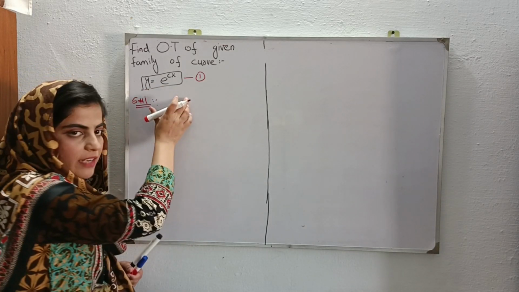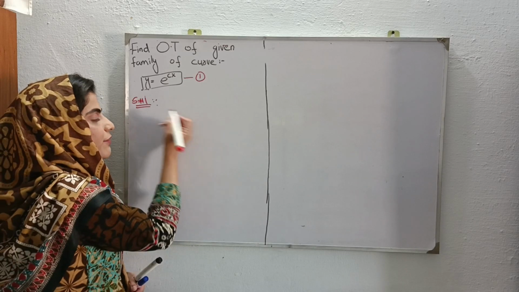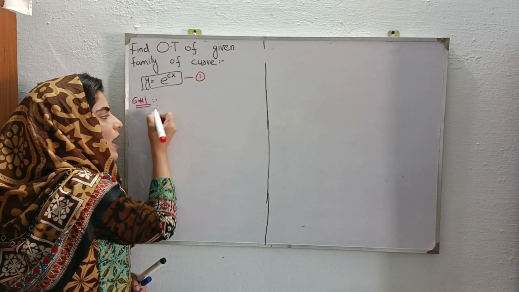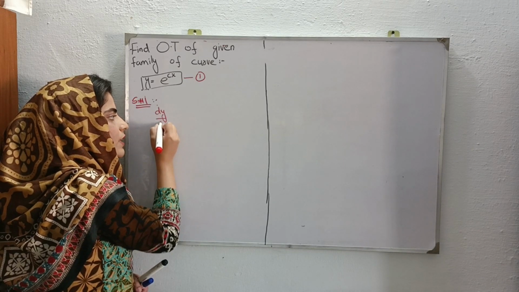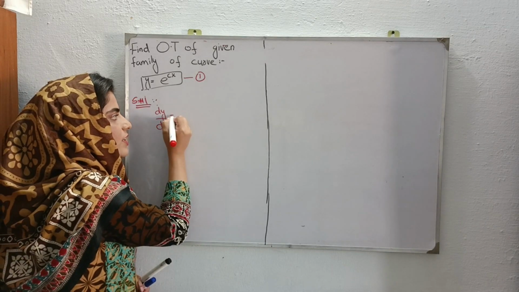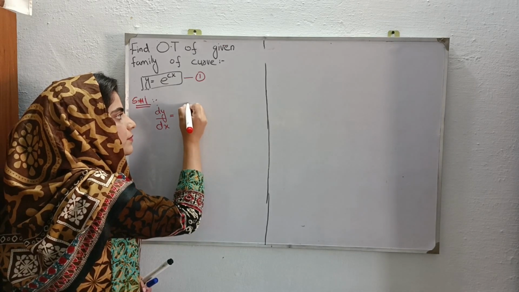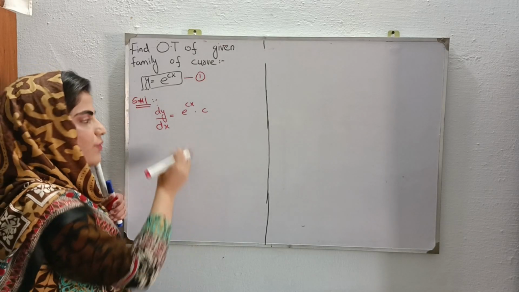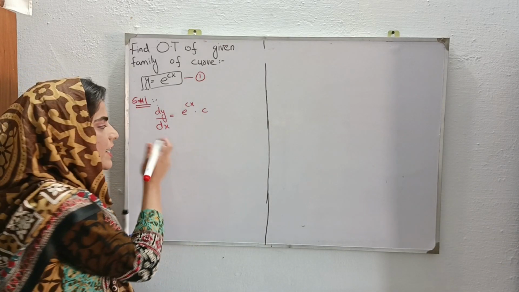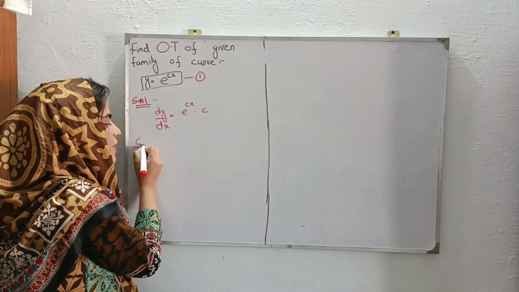The solution is given, you have to find its differential equation. So what will your first step be? You will take the derivative on both sides. Now this was my first step.